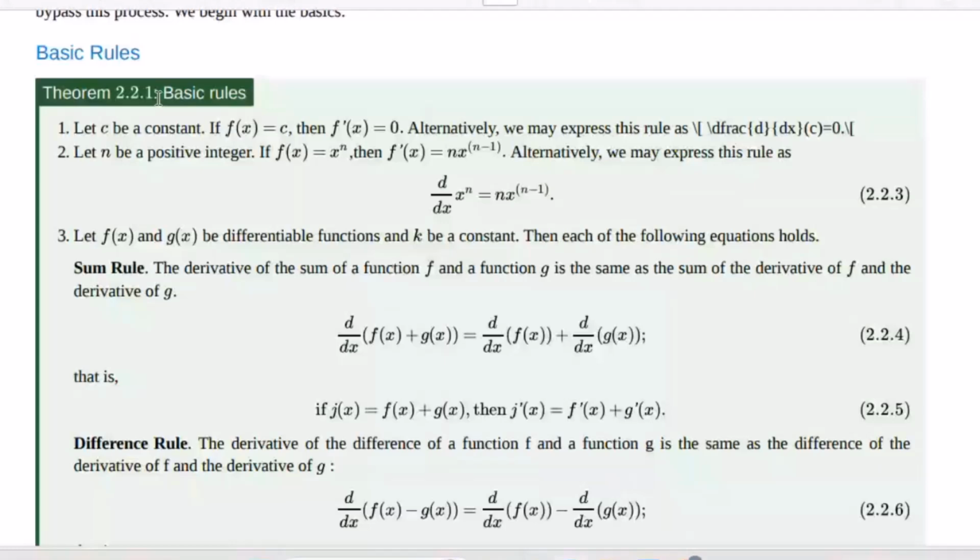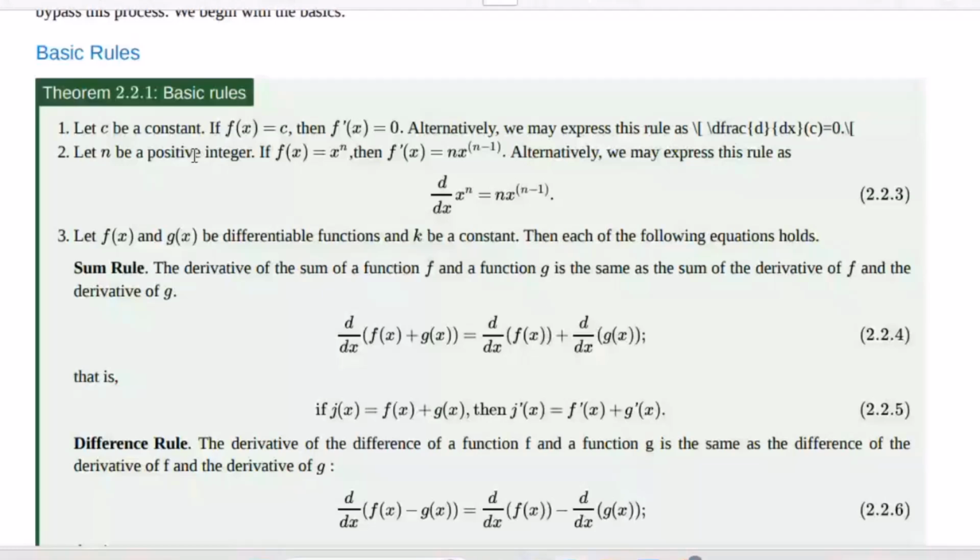Let f of x be equal to C. Then the first derivative of f equals 0. The derivative of a constant is 0. Clear? Can I step off number 1?